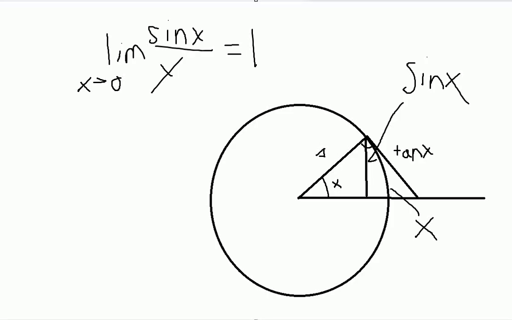So we have sine x less than or equal to x, which is going to be greater than or equal to tan x, which we're going to write as sine x over cosine x. Or it's greater than, sorry.